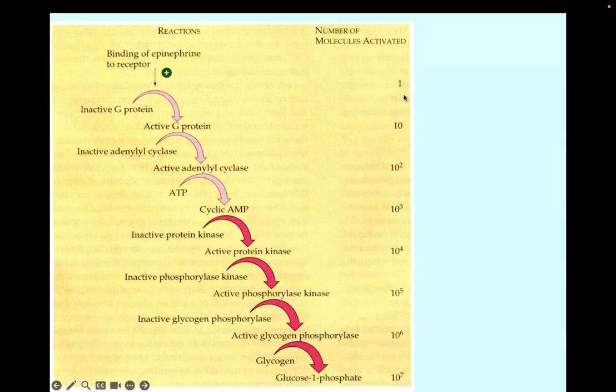So one hormone molecule, in this example, produces 10 to the 7th glucose 1 phosphate molecules. This is a huge amplification factor, right? It takes no thinking to notice this.